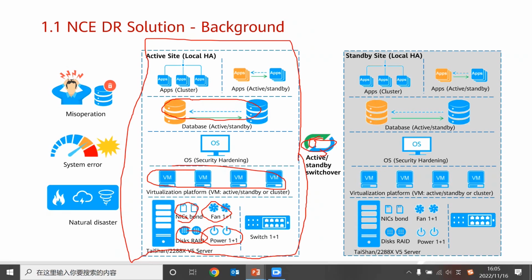So for natural disasters and key exceptions, we need a disaster recovery system. The disaster recovery system consists of 2 sets of NCE. The 2 sets of NCE are deployed at 2 remote sites. When the DR system is running properly, data of the site that provides services is synchronized to the peer site in real time to ensure data consistency between them.